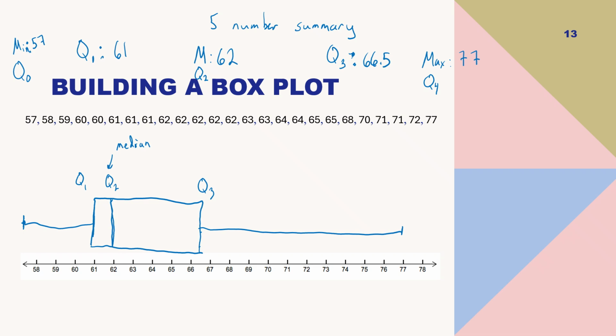And so we can see here that the distance between Q1 and Q3, or the interquartile range, is from 61 to 66.5. We define the IQR as the actual difference between those two, and you can think of that as the set of normal values.